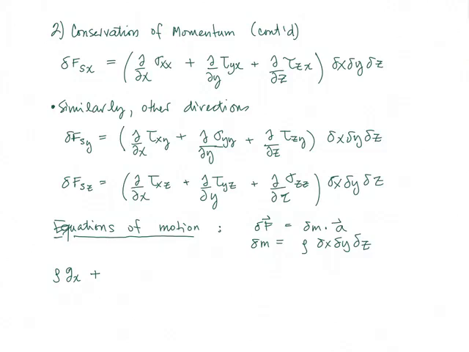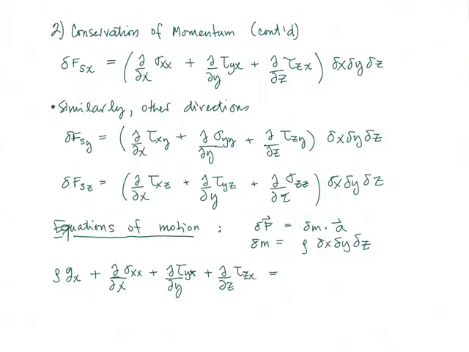We have dx of sigma xx plus dy of tau yx plus dz of tau zx, and here are all our forces, and that is going to be equal to the acceleration.